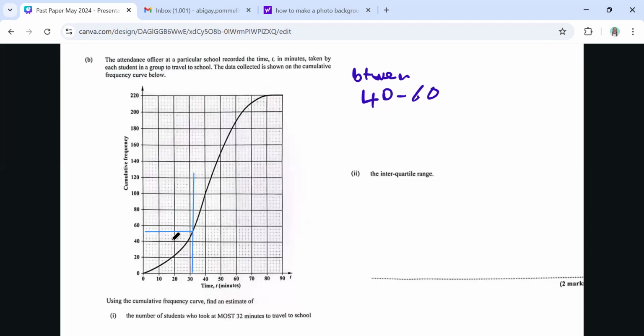There are five grids between 40 and 60, and that is 20 divided by 5. So each of these faded grids is 4 points.